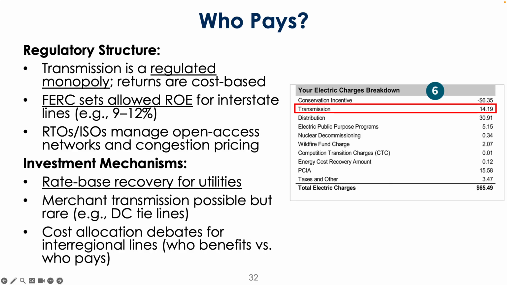The merchant transmission line is where the transmission system is actually owned by, let's say, a corporation as opposed to a utility. And the way that they choose to operate the lines and the way in which they cost recover may be slightly different. And we're going to have a whole lecture on the ownership and cost recovery piece.